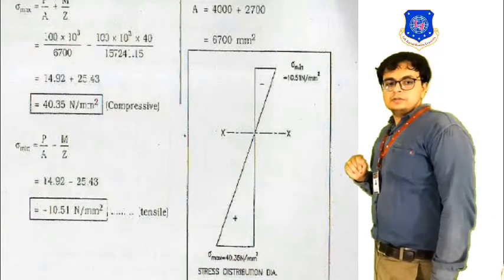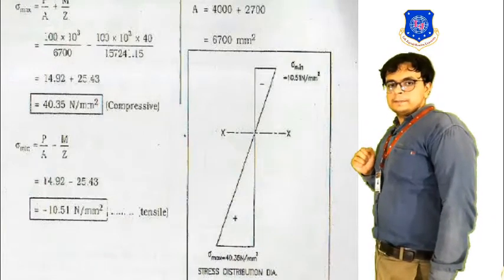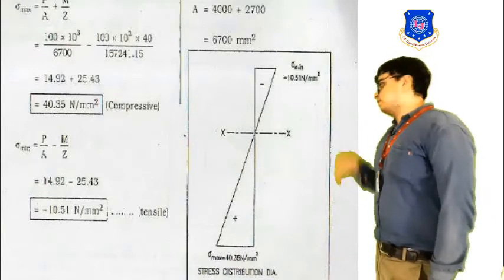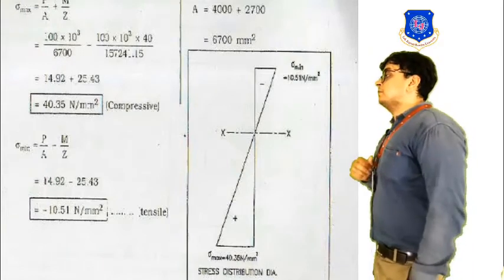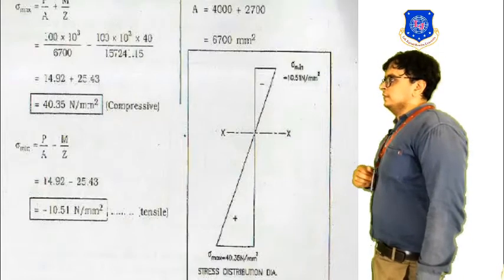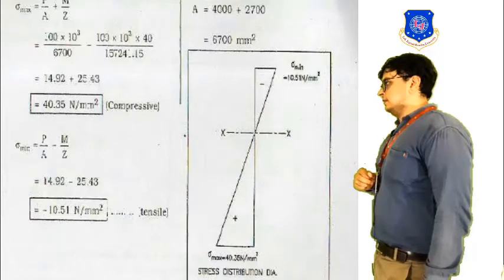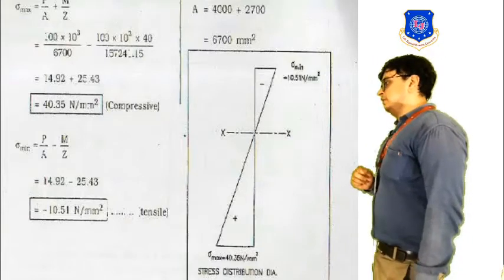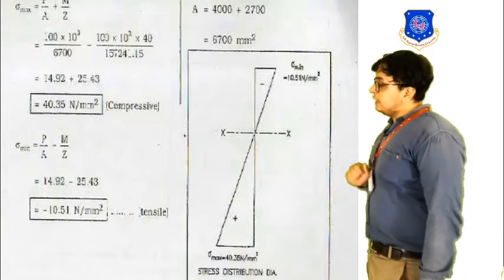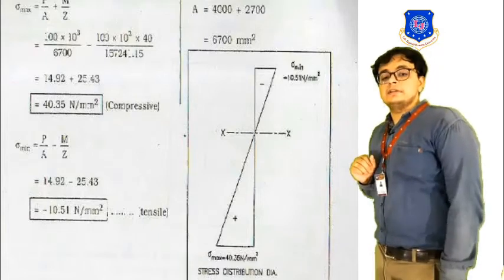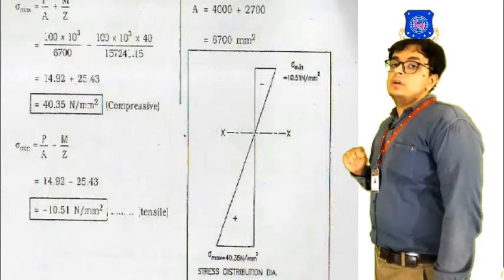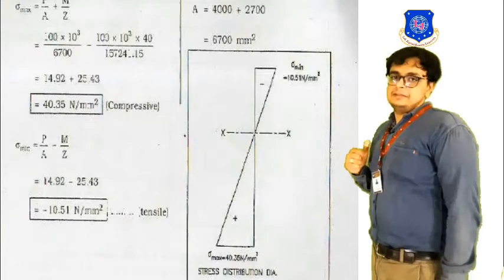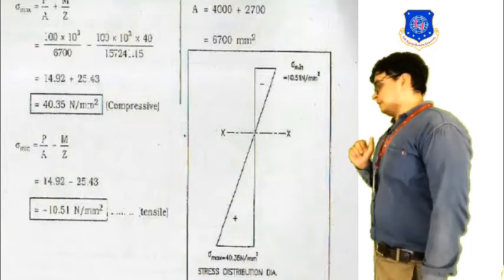So by this we have found the maximum and the minimum stress. Okay, so yes, this is what we needed. Now one last thing is required over here, that is we have to draw the stress diagram.